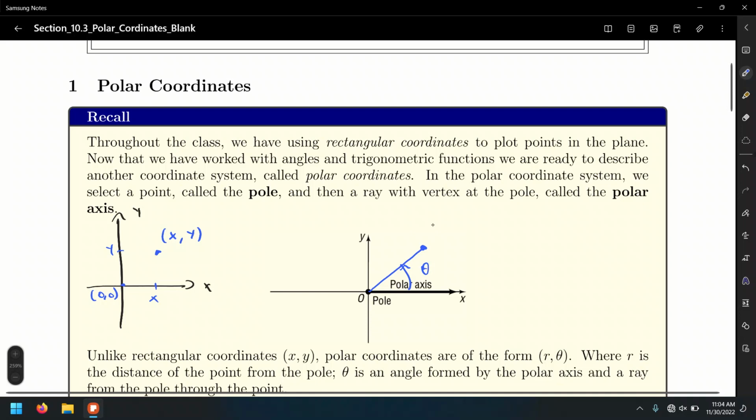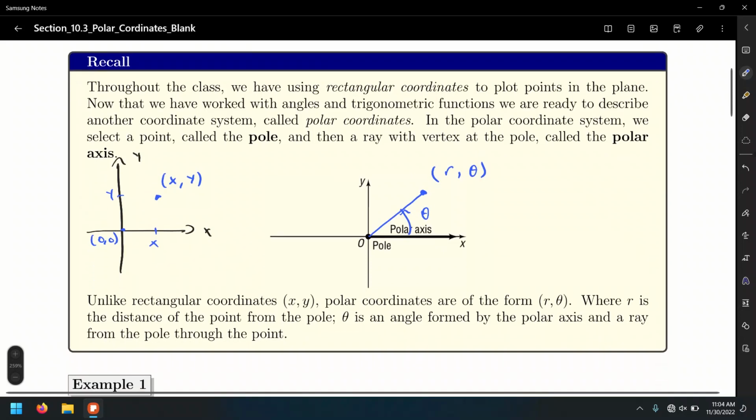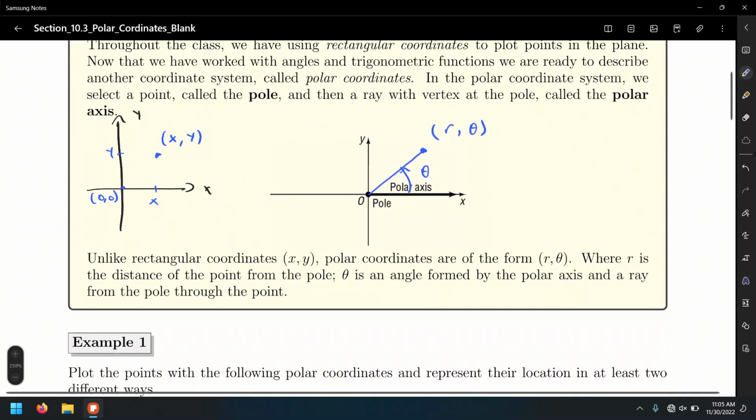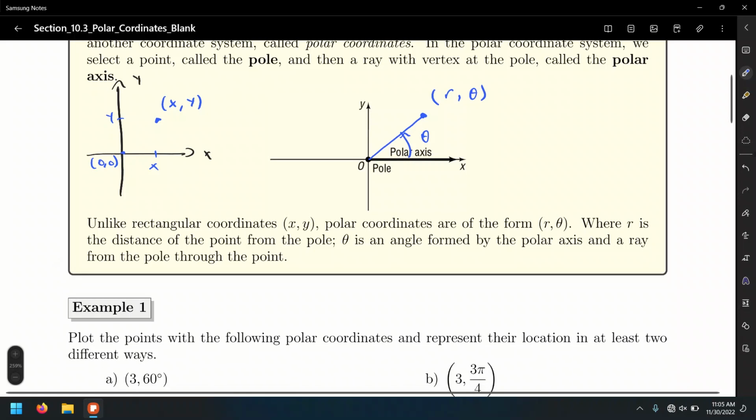All right, and in this case, the ordered pair is going to be of the form r, theta. So that's how we're going to plot points this time. Not by displacing x and y, but rather by looking at some radius and some angles. Well, what else can we describe? I think that's pretty much it about how we describe these points now.